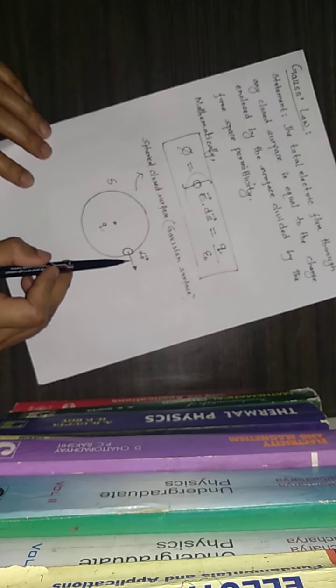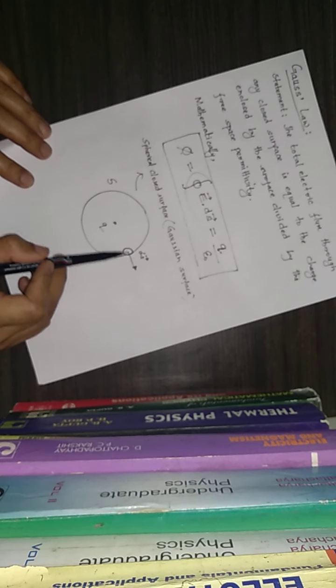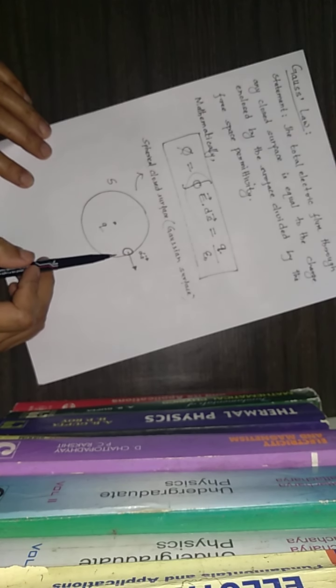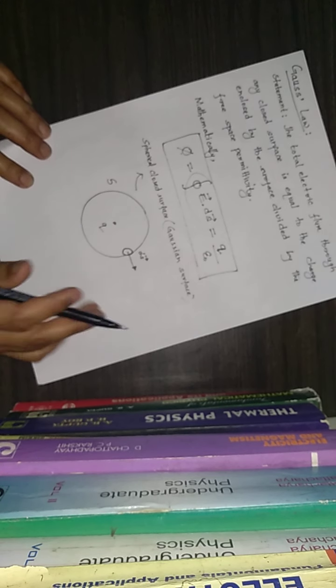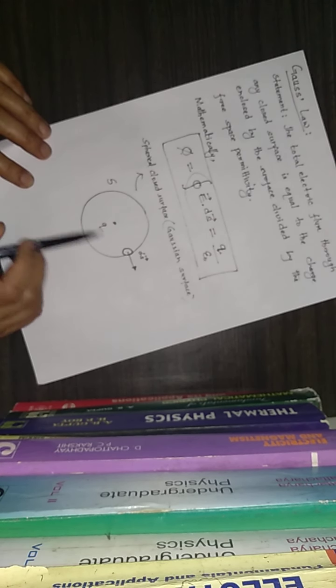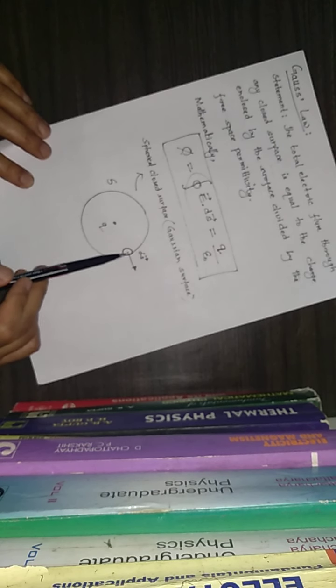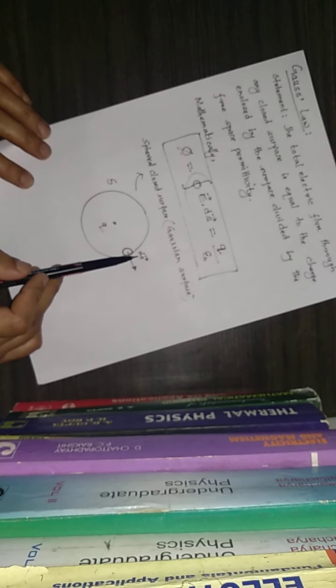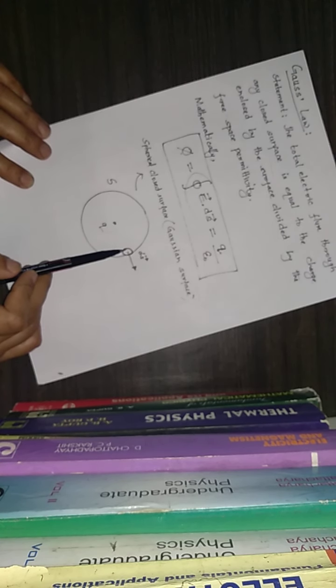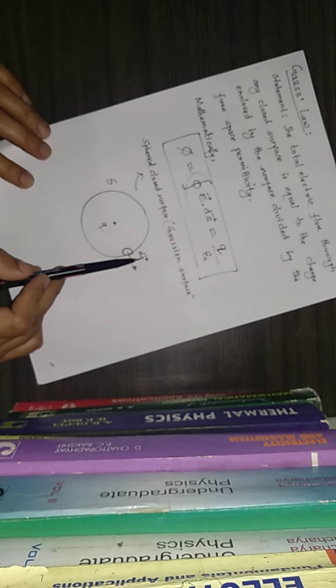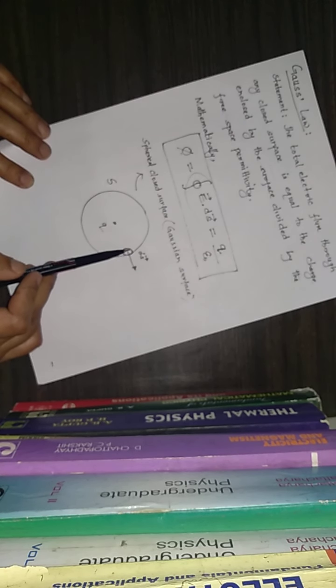This is the direction of ds, the outward normal, perpendicular to the surface itself. Previously in the discussion of electric flux, we gave some direction to the area vector. So this ds is the area vector in this case. ds is the magnitude of this area vector, and the ds vector is the direction of this particular area vector.